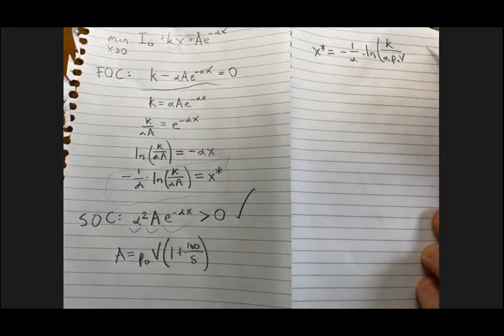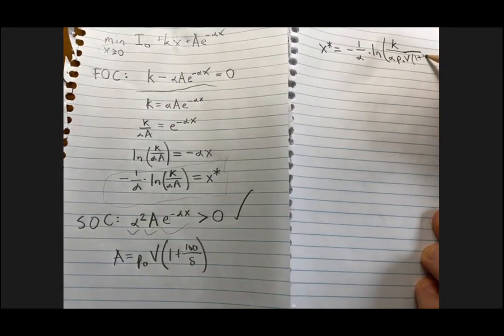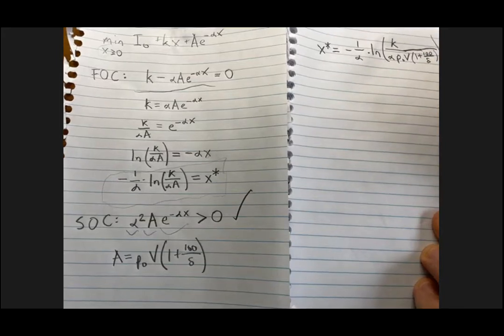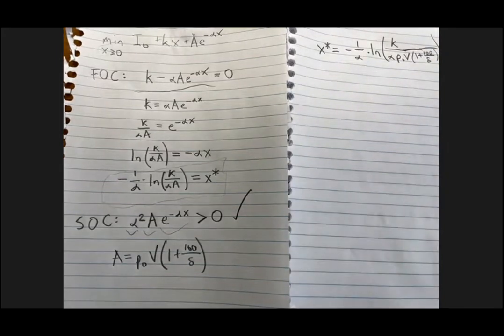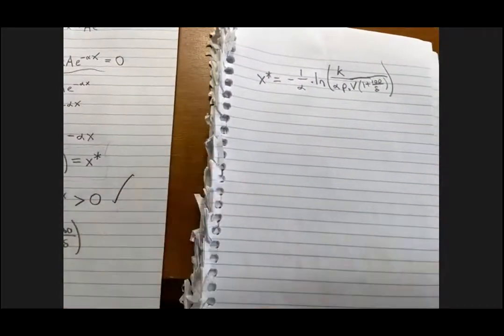P0 V, 1 plus 100 over delta. Okay. Oops, I went off screen a little bit, but there's x star. That's the x star we found, unless I made a mistake. That's the right x star.